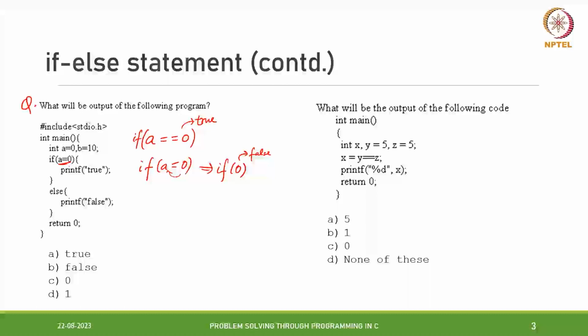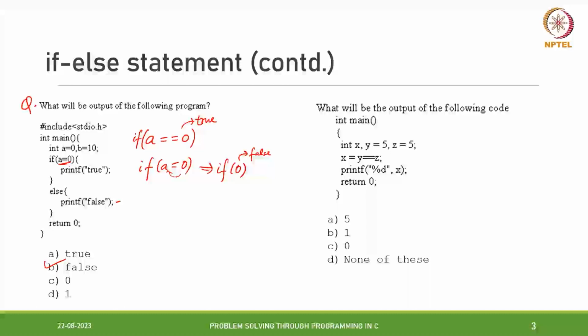But in the question, it writes only a single equals symbol. That means it is reassigning a to 0, and the overall if expression turns out to be 0. That means the expression itself is false. Because it is false, it will print the else block, and in the else block you are printing false. So here false will be printed. Is this clear?